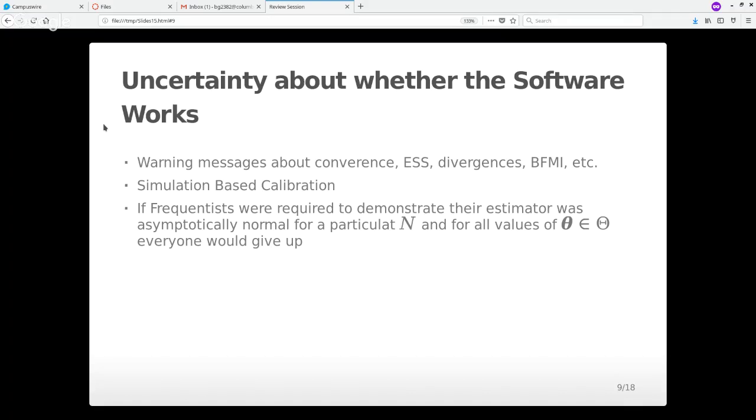But you don't actually have to do that in order to publish something in a frequentist journal. You just have to say, oh, this estimator is known to be asymptotically normal, irrespective of what the true values of the parameters are. So I'm allowed to use it irrespective of how small my data set is.